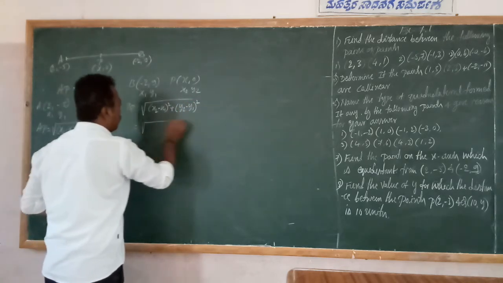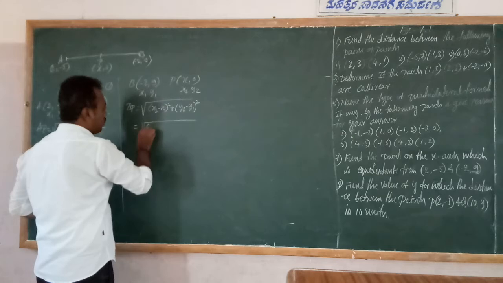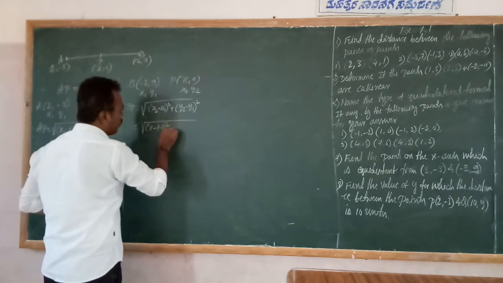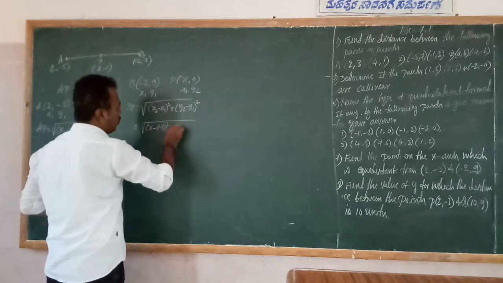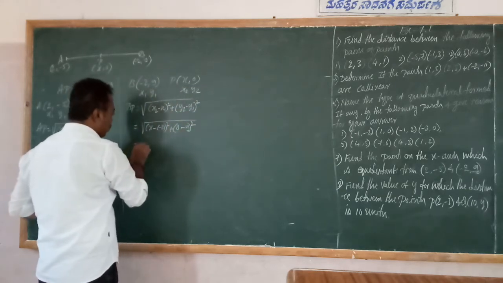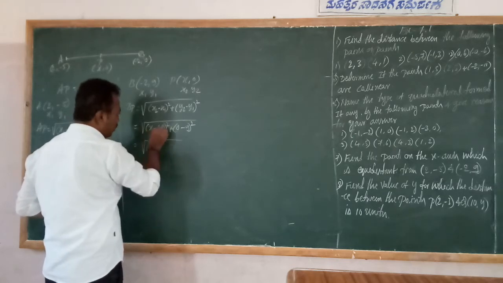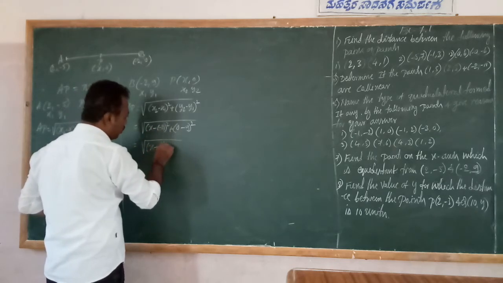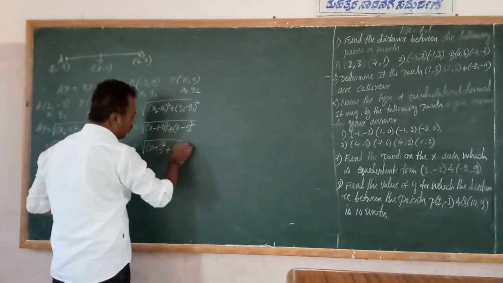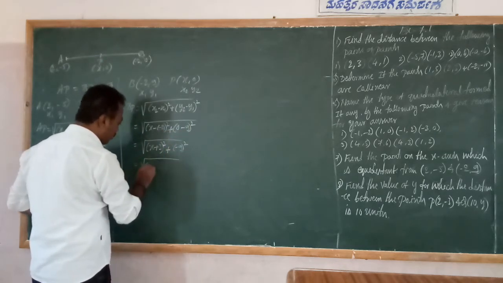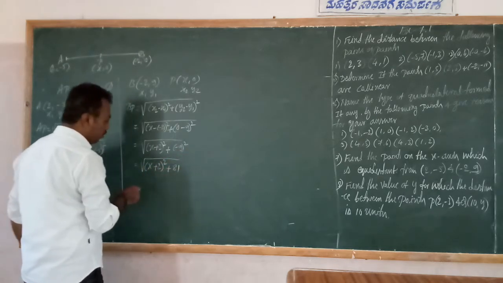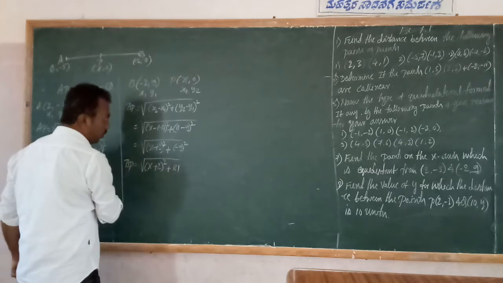That gives square root of (x minus of minus 2) whole square plus (0 minus 9) whole square. Therefore square root of (x plus 2) whole square plus (minus 9) whole square, which is 81. So this is the length of BP.